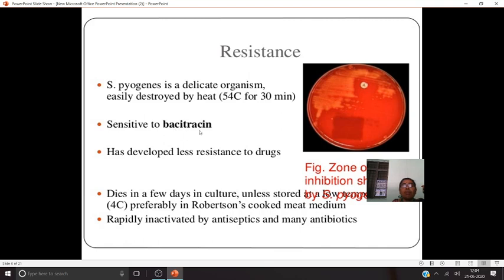They are very sensitive to bacitracin and have developed resistance to some drugs. They die within a few days in culture unless stored in a suitable medium at 4 degrees centigrade, preferably Robertson's cooked meat medium, which is very important. They are rapidly inactivated by antiseptics and many antibiotics. So they can die within a few days, and for long-term preservation we can use Robertson's cooked meat medium.